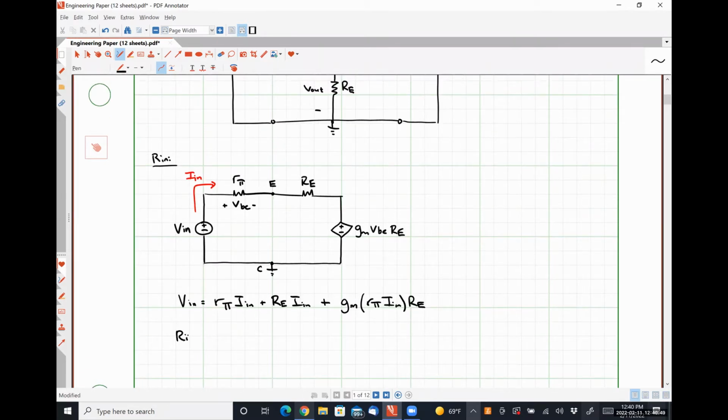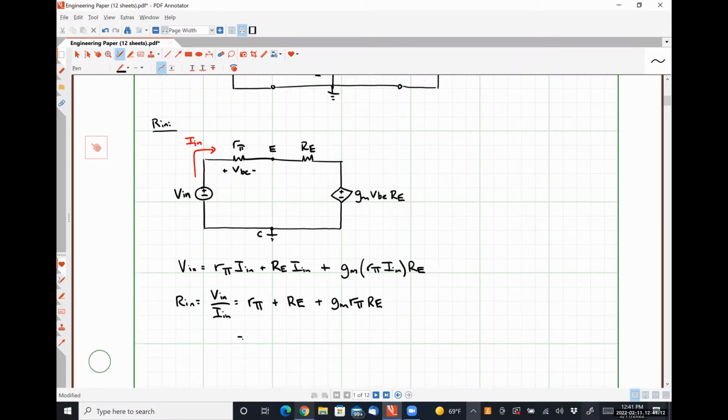And from this, R in, which is V in over I in, will be R pi plus RE plus GM R pi RE, which can be expressed as R pi plus beta plus 1 times RE, where we're recognizing that the quantity GM times R pi is exactly equal to beta.